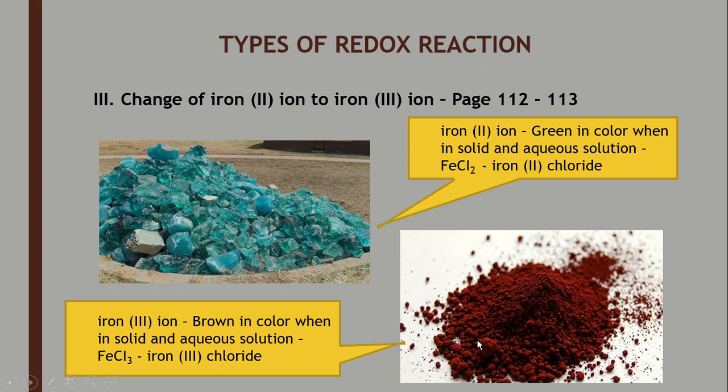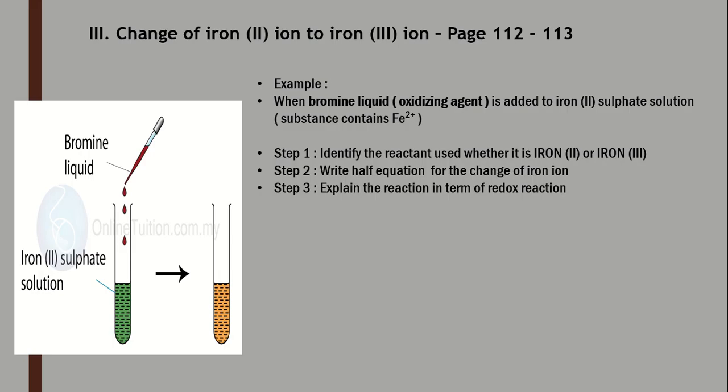So this is how you differentiate between two types of ions. Iron 2 ion is green and iron 3 ion is brown in color. Very important for you to know and memorize the color of the ions.